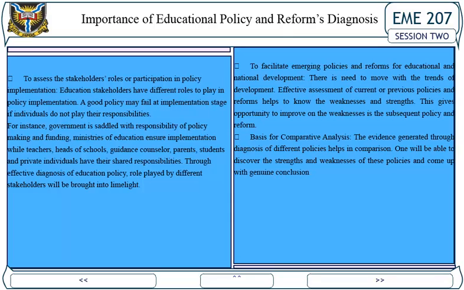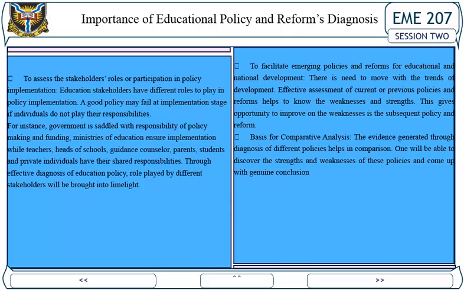Ministries of education ensure implementation, while teachers, heads of schools, guidance counselors, parents, students, and private individuals have their shared responsibilities. Through effective diagnosis of education policy, the role played by different stakeholders will be brought into limelight.